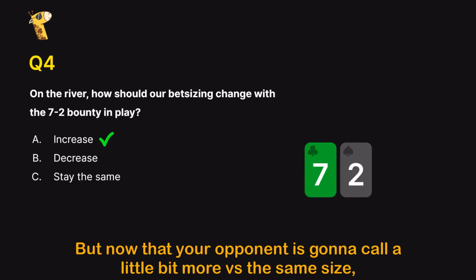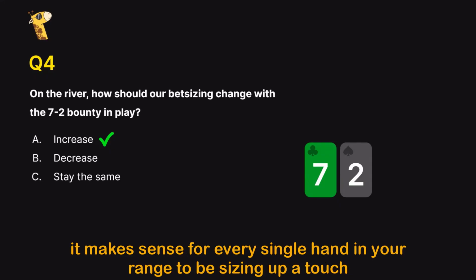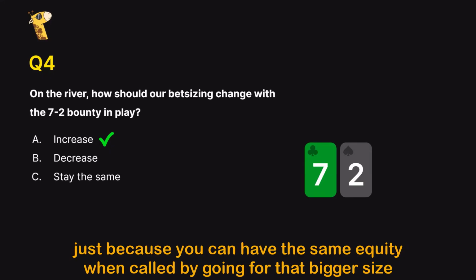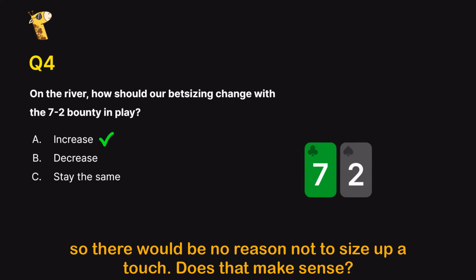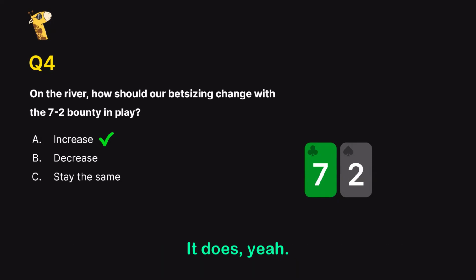Right? But now that your opponent is going to call a little bit more versus the same size, it makes sense for every single hand in your range to be sizing up a touch, right? Just because you can have the same equity when called by going for that bigger size. So there would be no reason not to size up a touch. Does that make sense? That does, yeah.